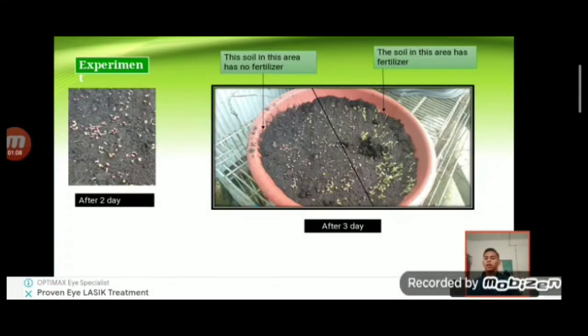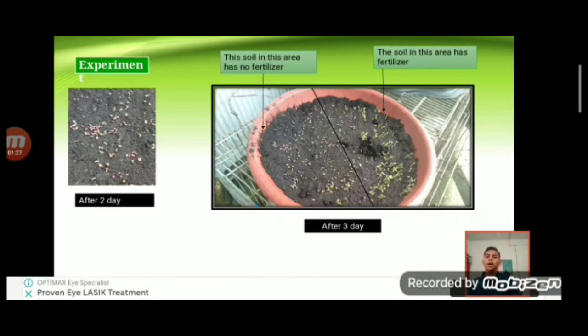If you look on the right, you can see the situation of the soil after 3 days. On the 3rd day, the situation more clearly indicates the soil in which the fertilizer is placed is more fertile than the soil that is not fertilized.